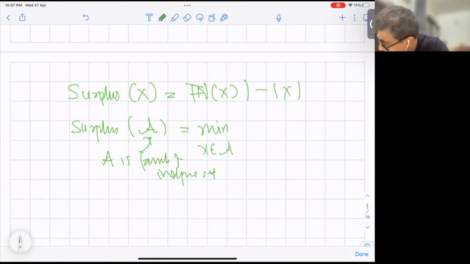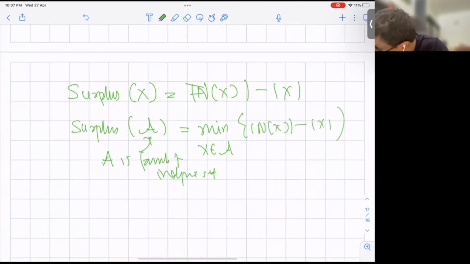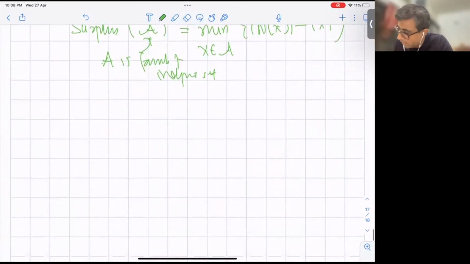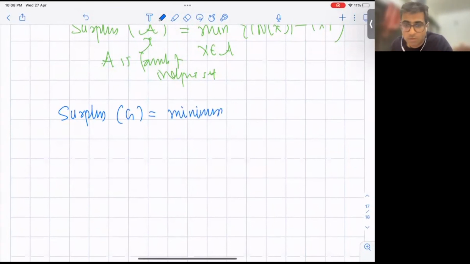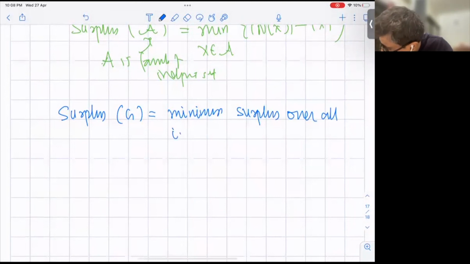And what is the surplus of a graph? Surplus of G is defined to be the minimum surplus over all independent sets in G.